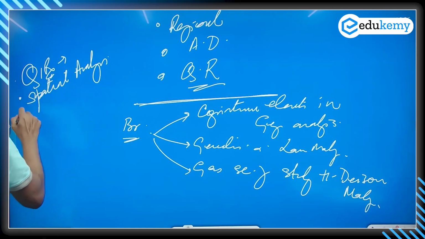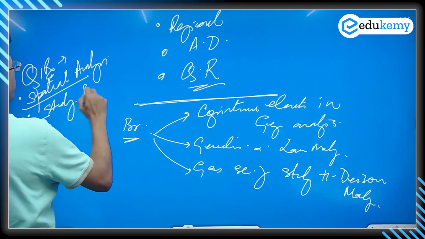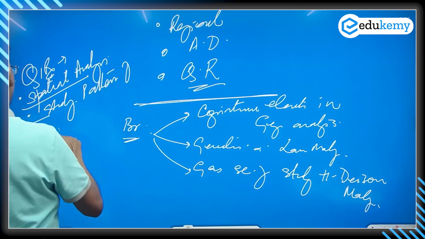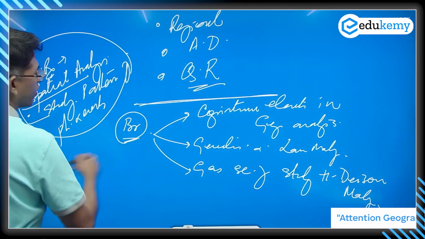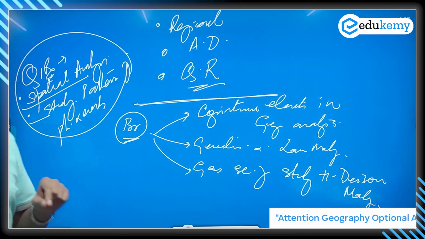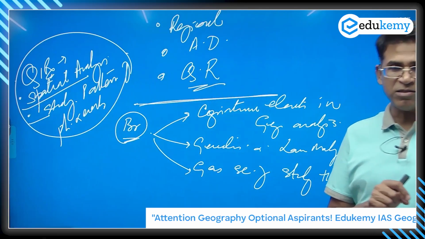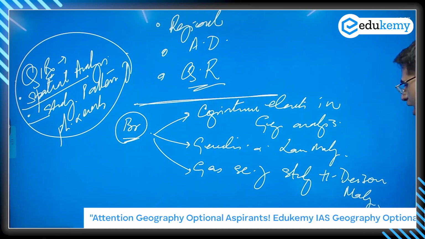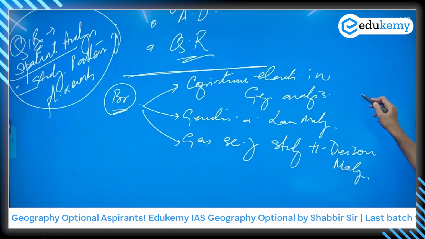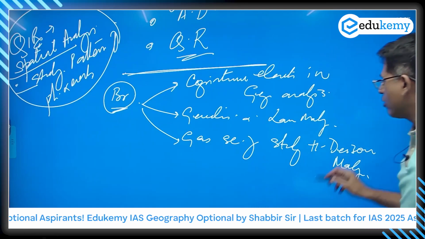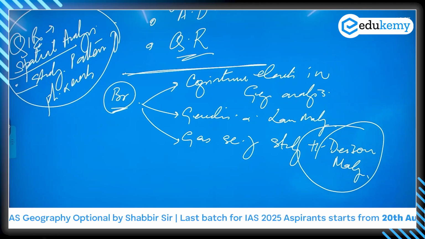Okay, QR is the science of studying patterns of phenomena and events. Behavioral geography says, no, we will not study the patterns, we will study the reasons of the patterns, and the reasons are in human decision making. The patterns are because of how man decides to do what he wants to do.